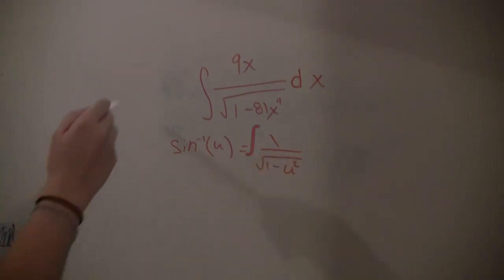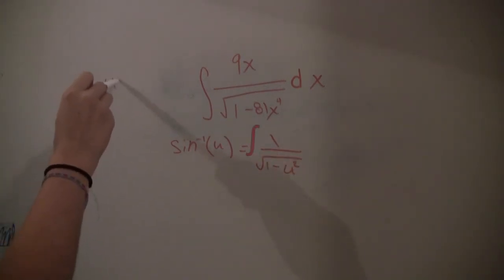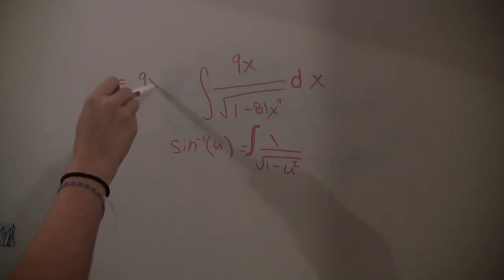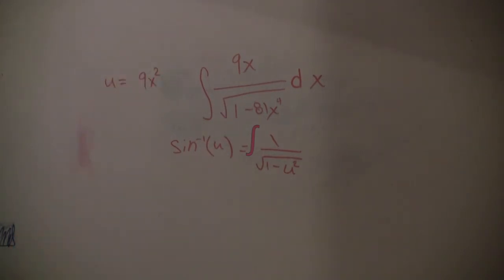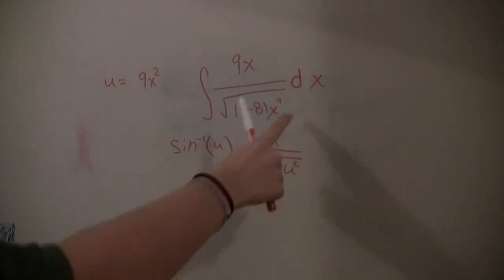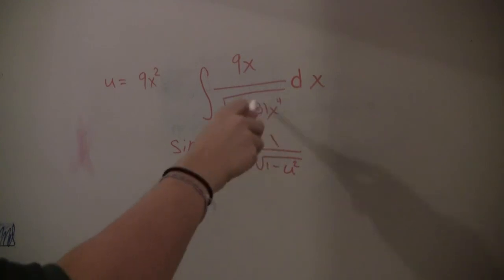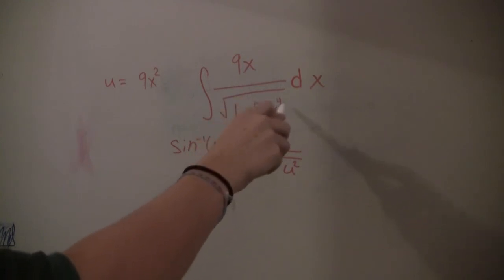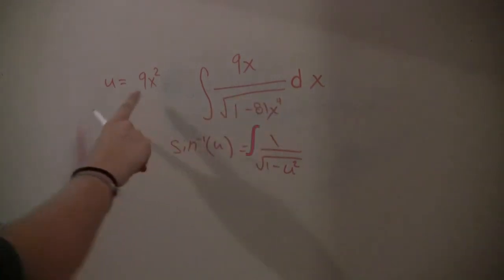And in this case, our u is going to be 9x squared. The reason is that this is going to be squared, so you basically have to look at this whole thing squared, and the square root of this would be 9x squared.